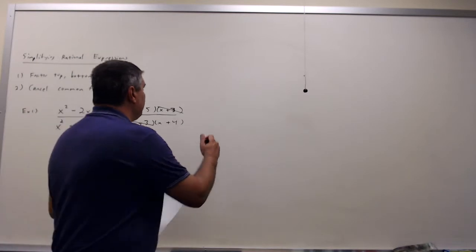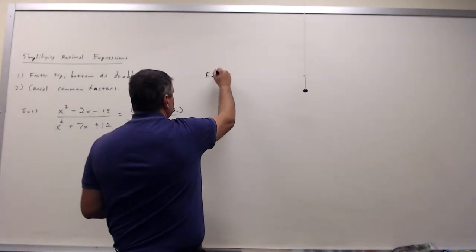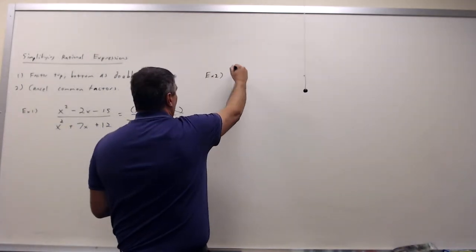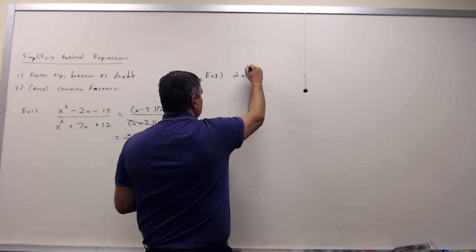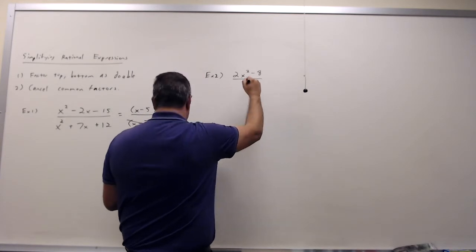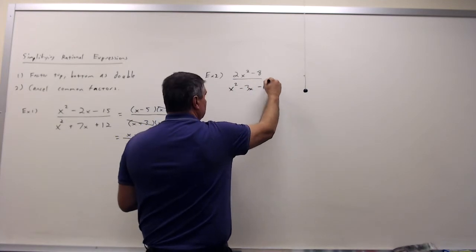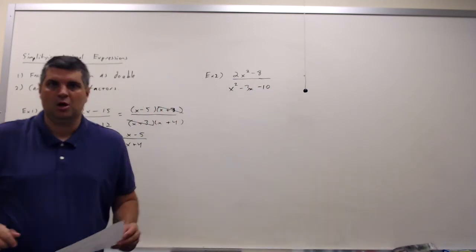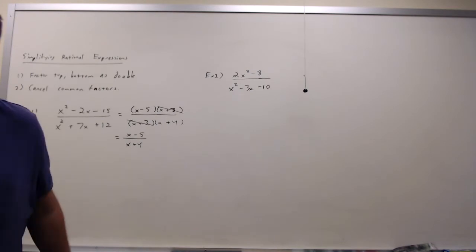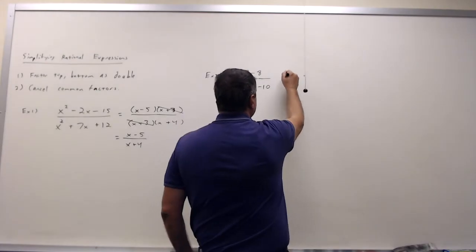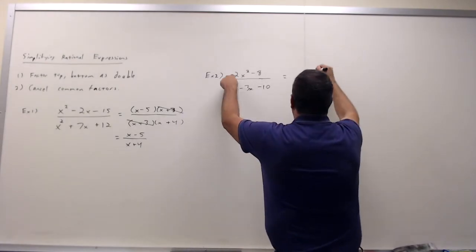Something like example 2. I'm probably not going to do all of these. So what I would do is go ahead and factor this. I can take a 2 out of both terms.